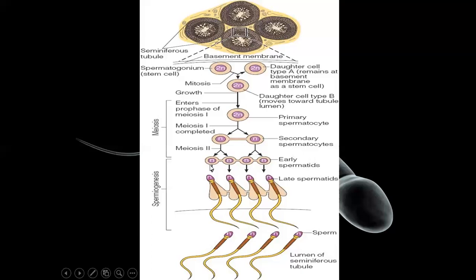Another note is that the entire spermatogenesis comprises three major processes: mitosis, followed by two stages of meiosis, and eventually spermiogenesis, which is the maturation of spermatids into sperm.